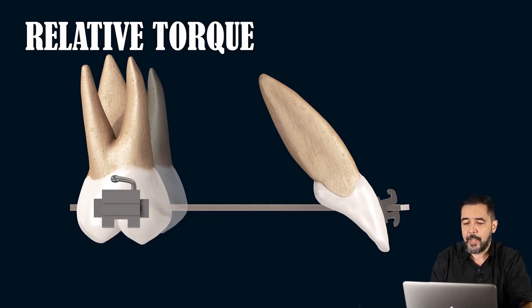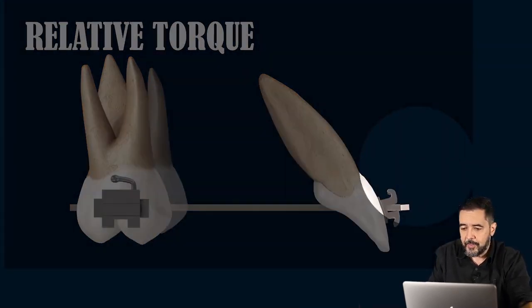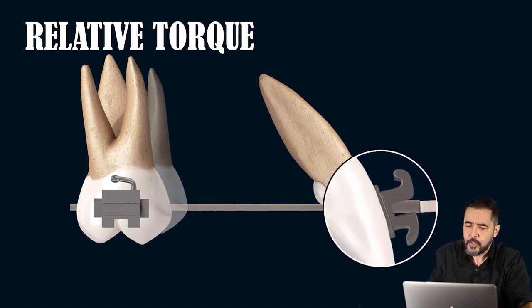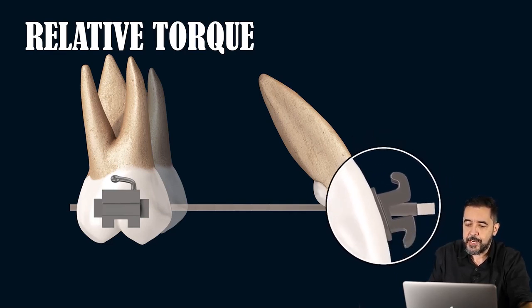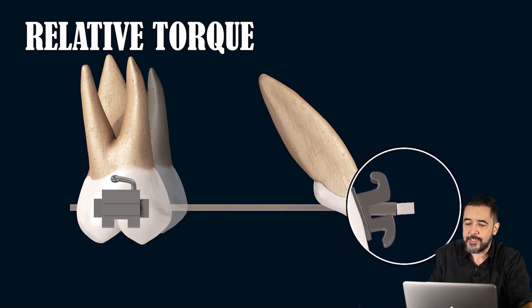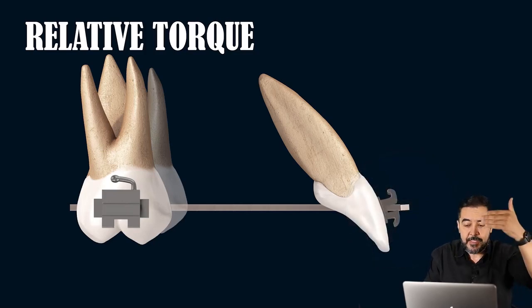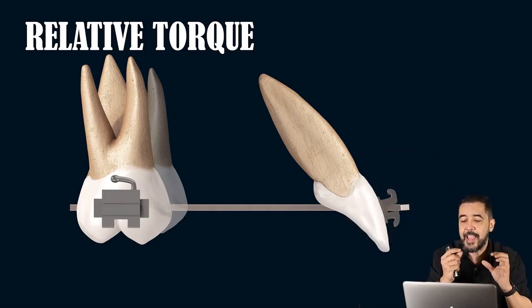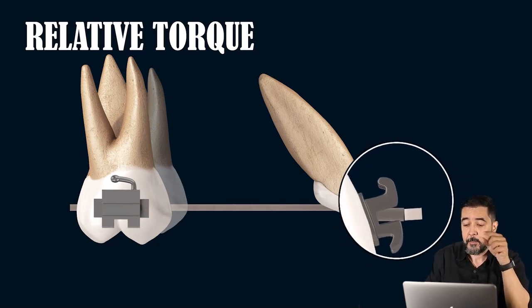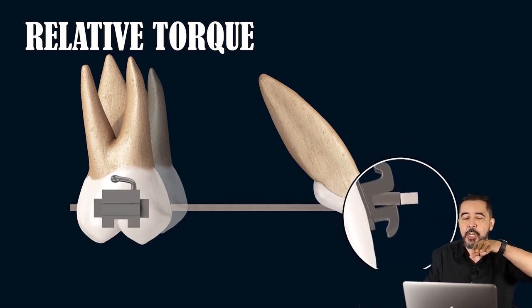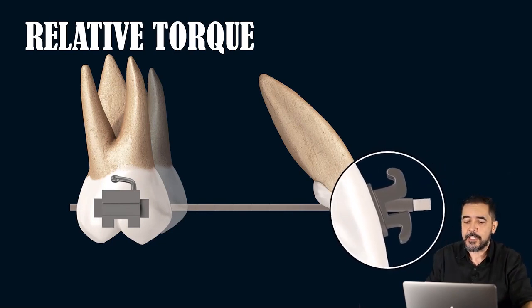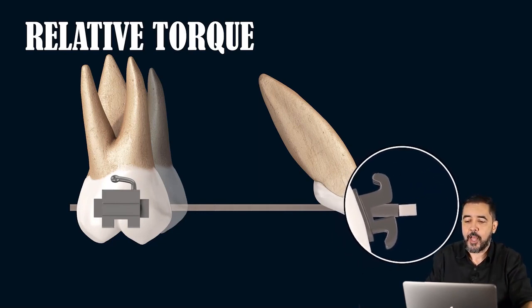Relative torque. Let's understand now what's going to happen in this relationship. As you can see, we have a different inclination between the transverse section of the rectangular arch wire, which is neutral, meaning no inclination, no torsion at all, and the inclination of our bracket slot.